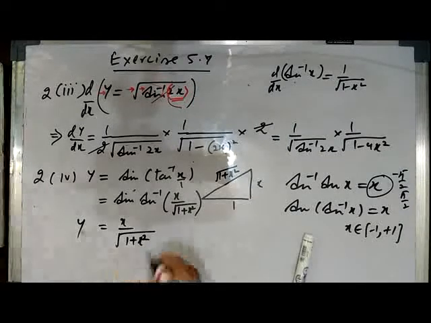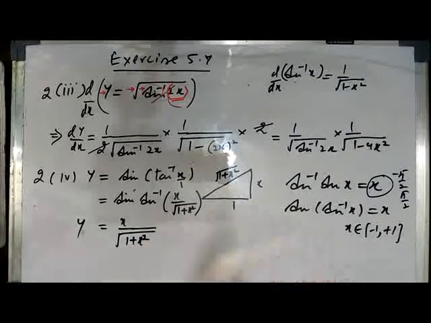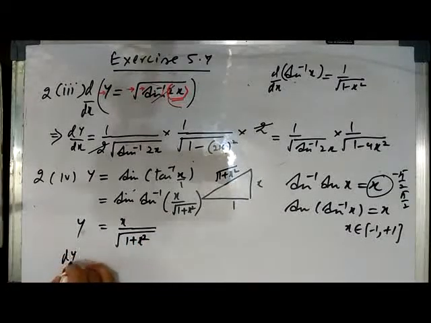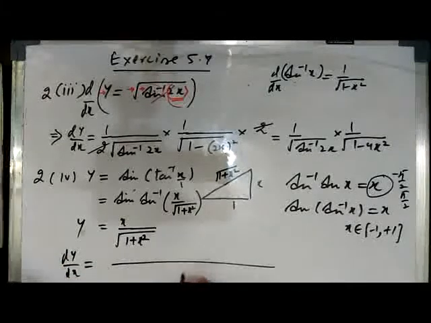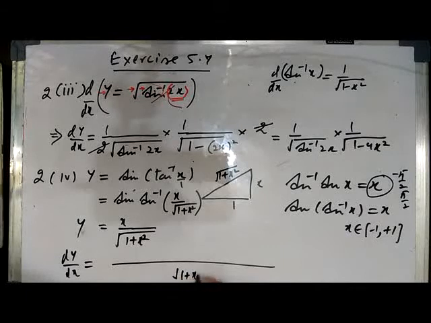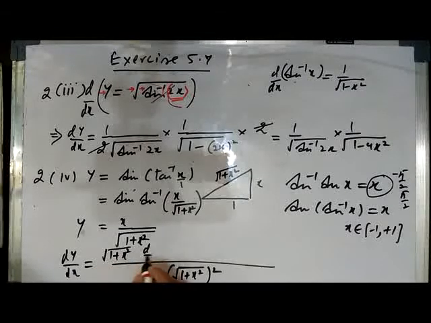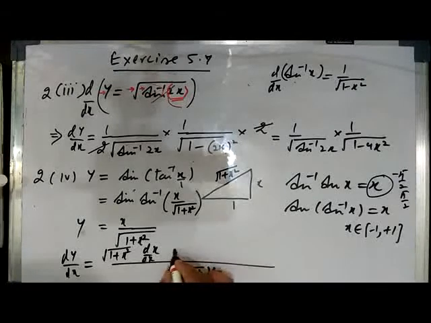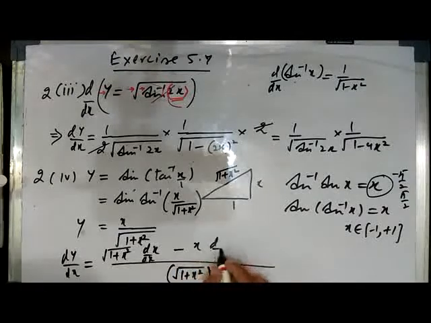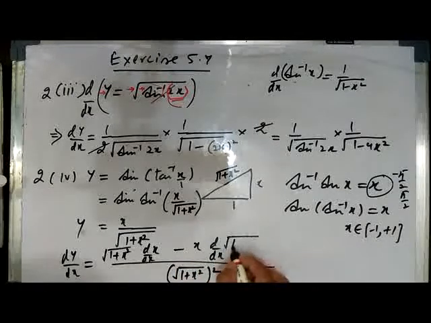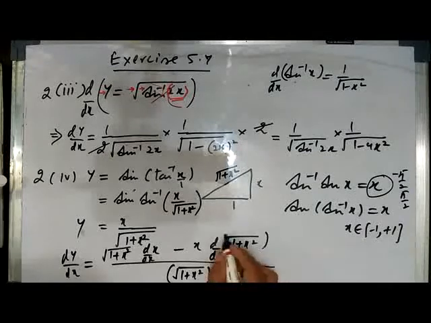Now you can go for the differentiation of this function, like dy dx is, you can apply the quotient rule: root 1 plus x square whole square, root 1 plus x square into the differential of x, and minus x into the differential of root 1 plus x square.